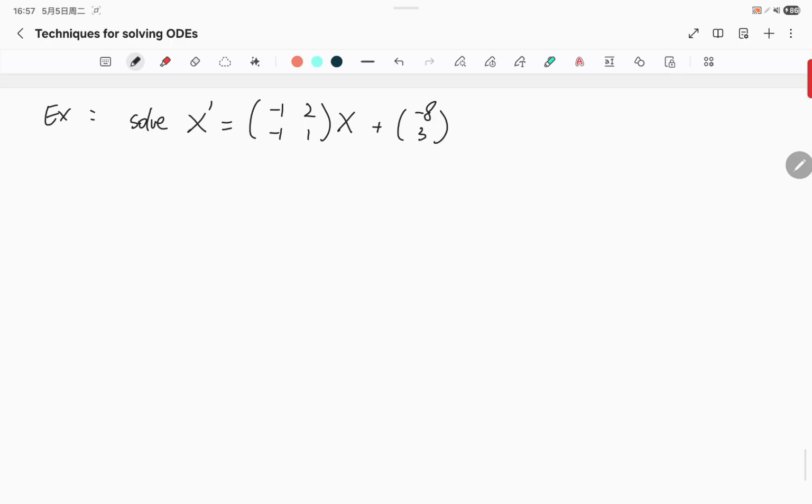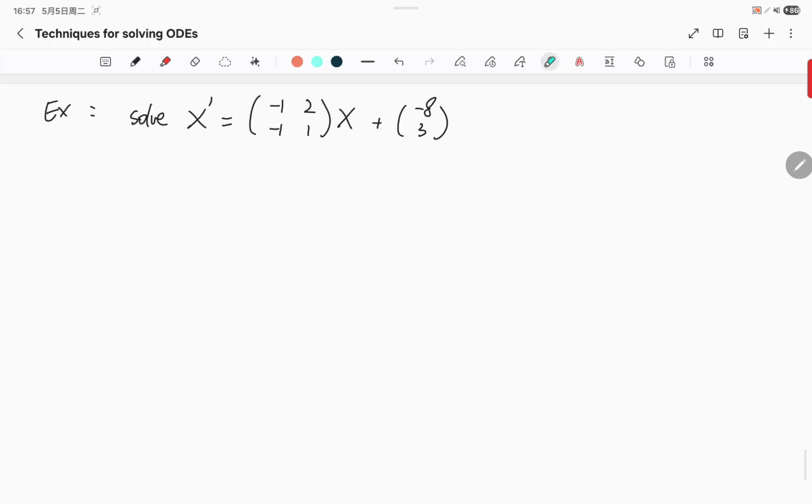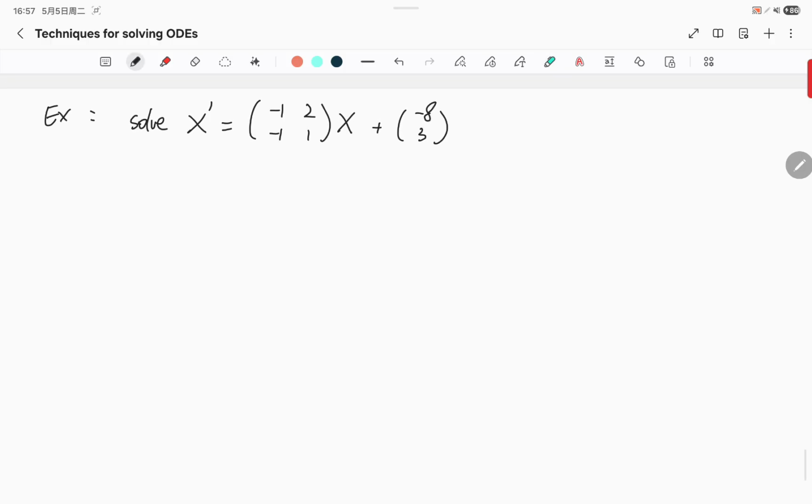Now let's do this example, which is non-homogeneous because we have another term in the end. We call it f of t, right? So this can be done by using undetermined coefficients inside the matrix method, right?